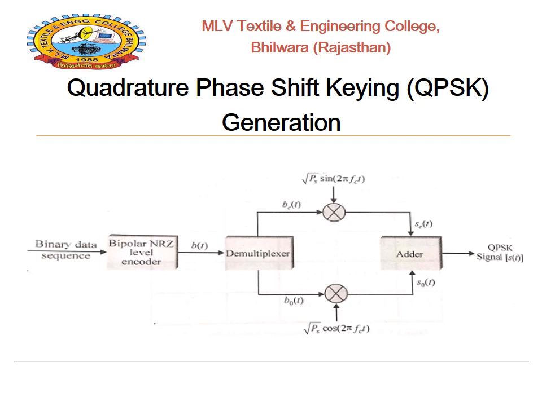The lower part b_o(t), the odd part of b(t), is given to another multiplier, where it is multiplied by the cosine term cos 2 pi fc t. Finally, the outputs of the two multipliers are s_e(t) and s_o(t): the upper modulator provides s_e(t), E for even, and the lower one provides s_o(t), O for odd. Both are given to the adder, and finally the adder provides the QPSK signal.